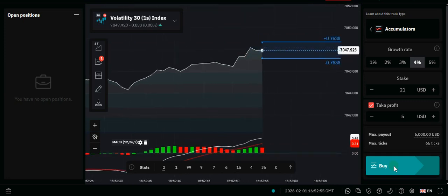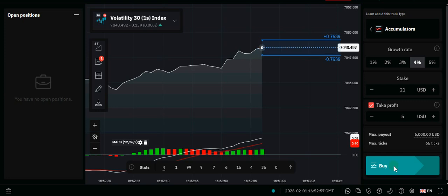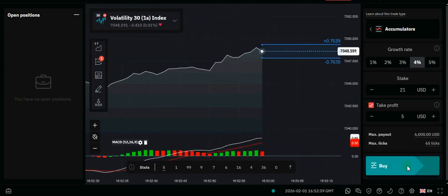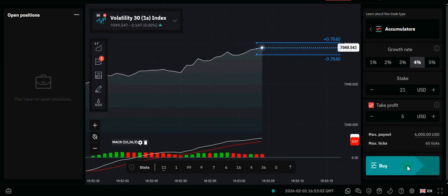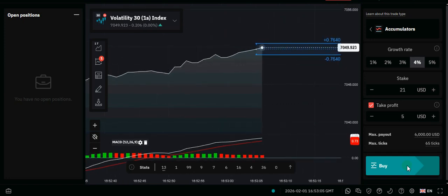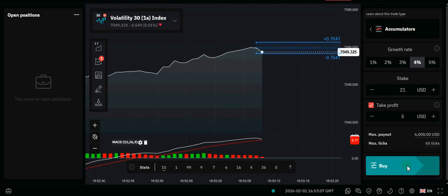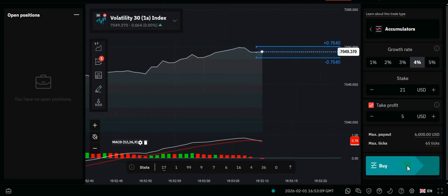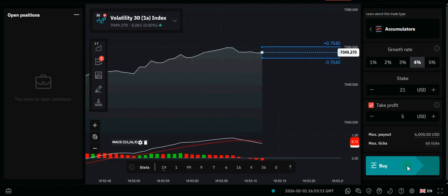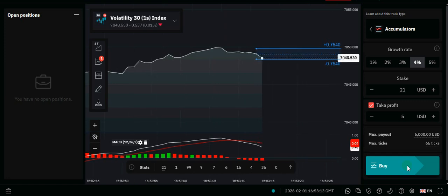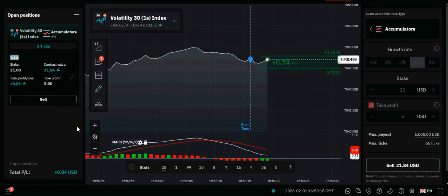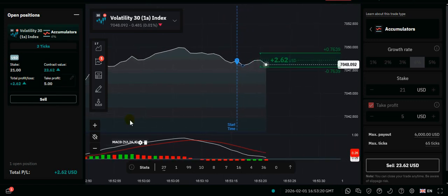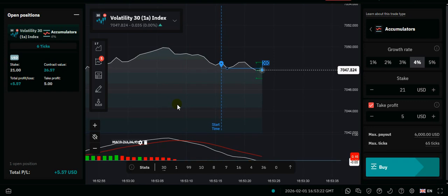You can see you have to be ready. So you can see that's 22, between 20 to 26, remember that. So you can see we won that trade right there.